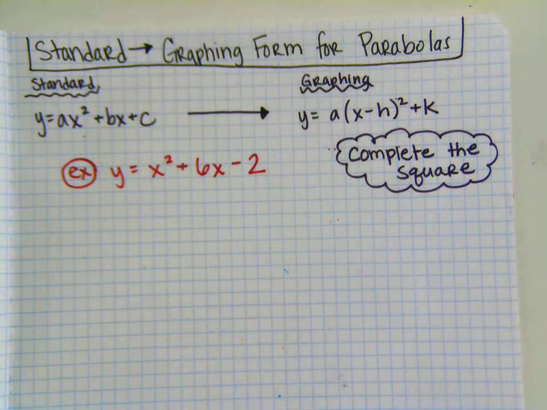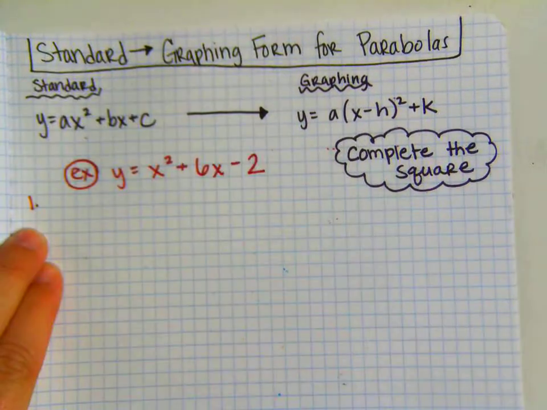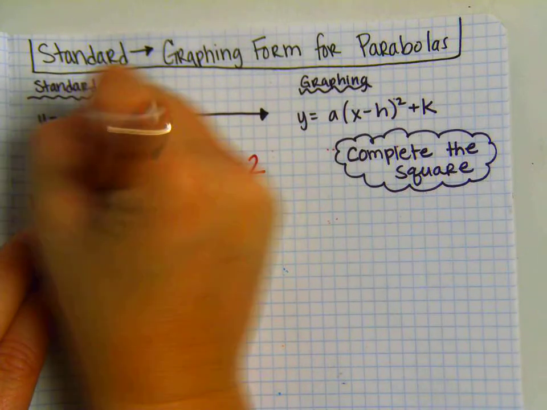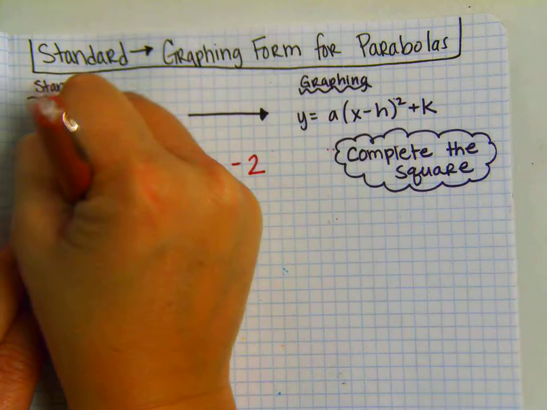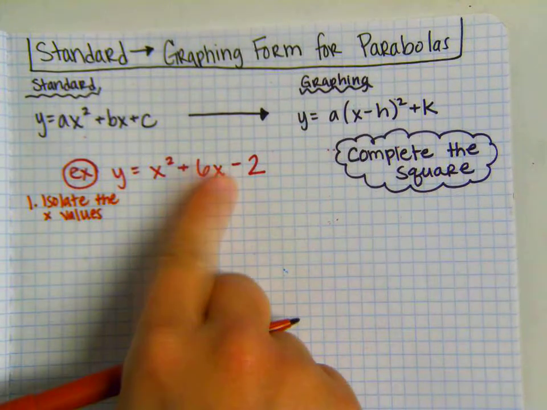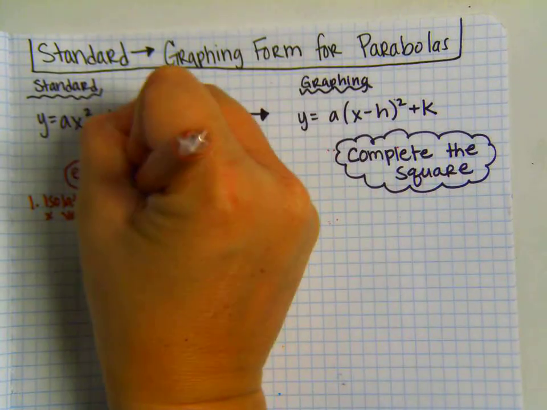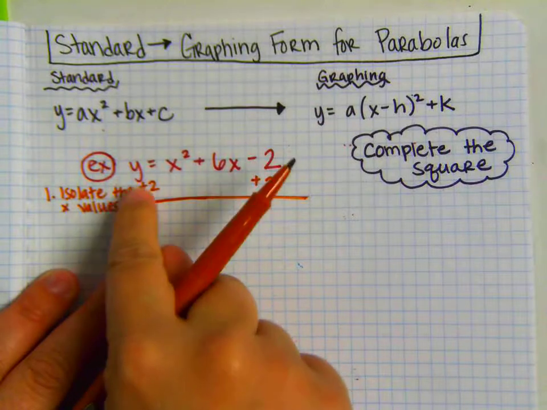So just like when we were completing the square, our first step is going to be to isolate the x values. So we're going to get everything that's not an x on this side. So that means I'm going to add 2 to this side. Now you can't add y plus 2, right?